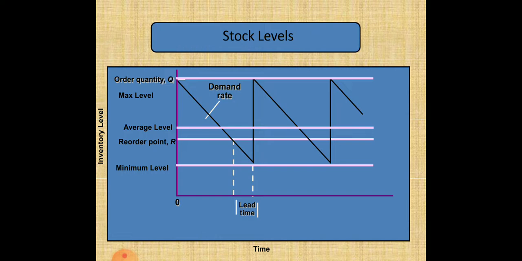As per the lead time, we receive the goods at the minimum level. When the lead time ends, we get our order, and the level moves up to the maximum level. Again, that process is repeated. So these are the techniques to control inventory.